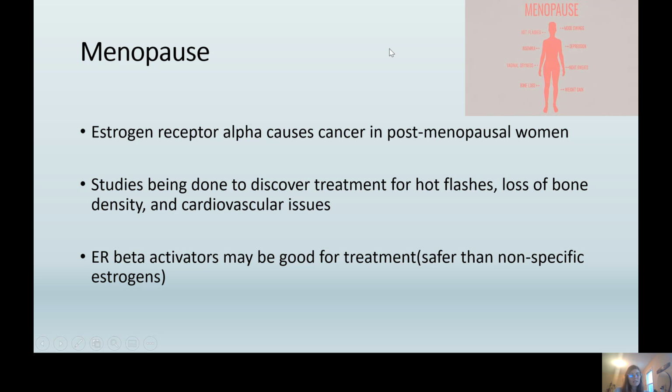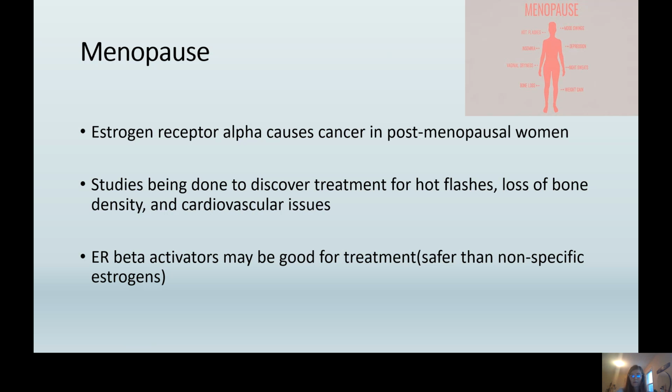So for menopause, estrogen receptor alpha causes cancer in most menopausal women. So this occurs after you are about 40, 45, and there are many studies being done to discover treatment for hot flashes, loss of bone density, and cardiovascular issues.